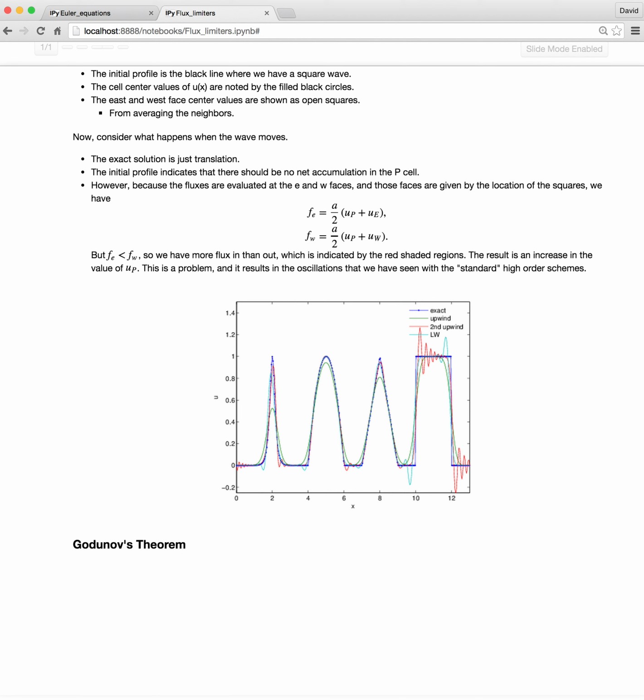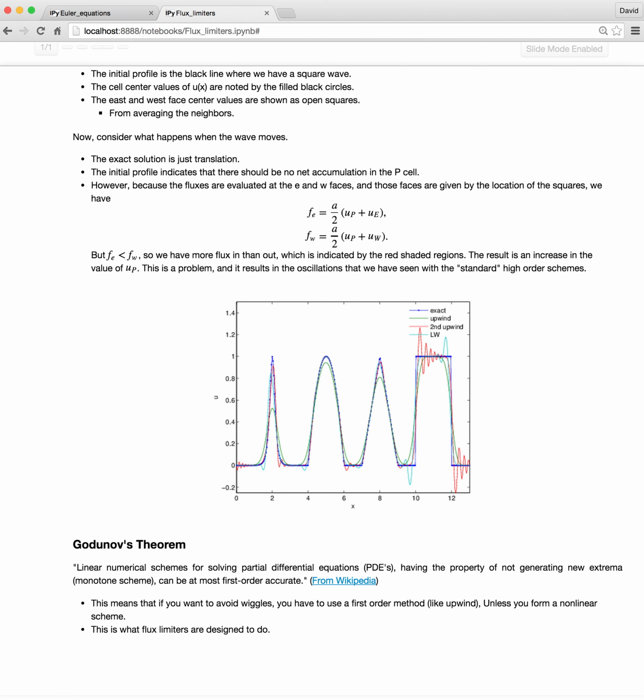Of central importance to the description is Godunov's theorem, and he said that linear numerical schemes for solving partial differential equations that have the property of not generating new extrema can be at most first order accurate. So this is from Wikipedia and it shows up in lots of textbooks. Basically it's saying that if you have a linear numerical scheme like a central difference or averaging the two neighbors or using an upwind method, those can only be first order accurate if they don't generate oscillations.